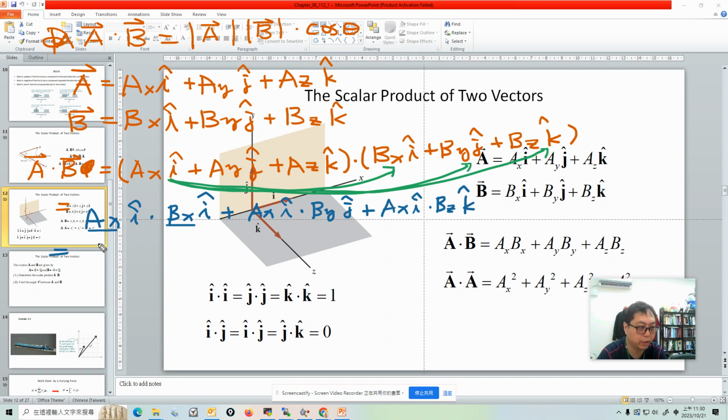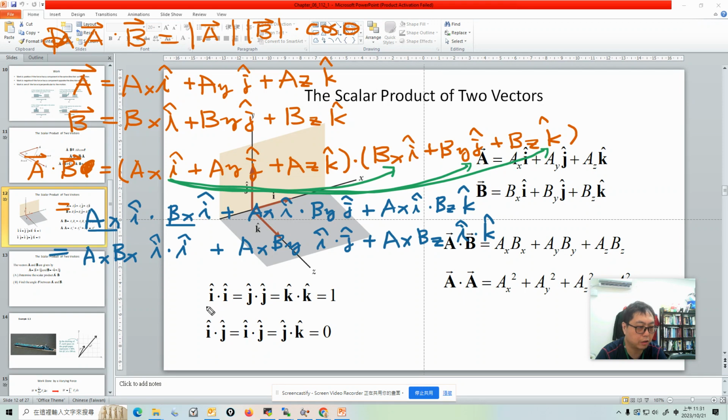You multiply the components, and then leave the dot product between the unit vectors. The same goes for this one and this one: multiply the components and leave the dot product to the unit vectors.